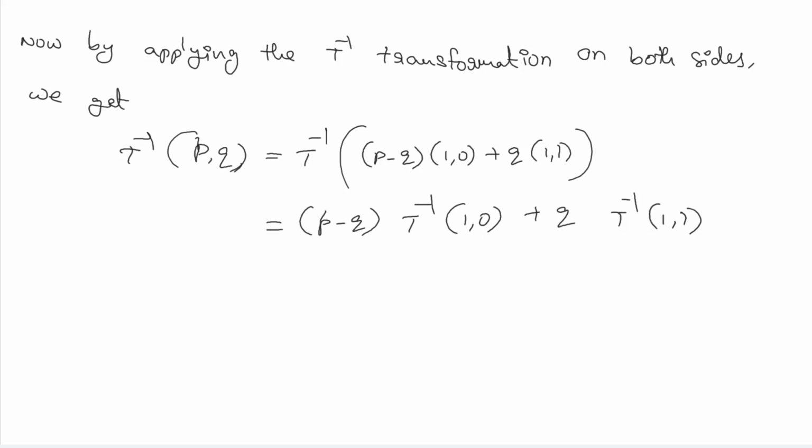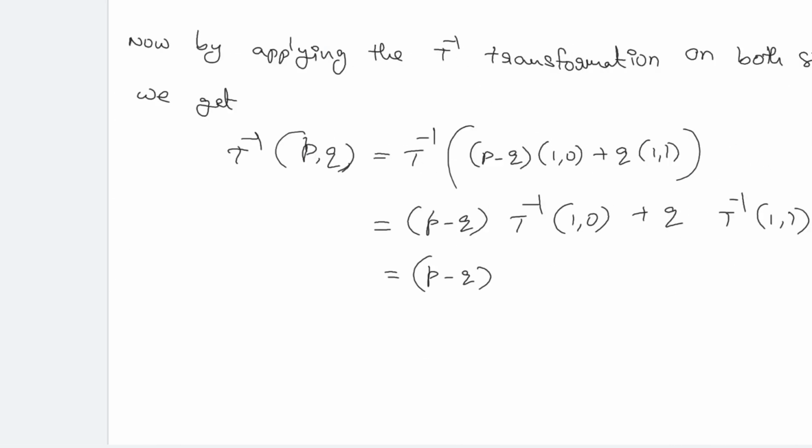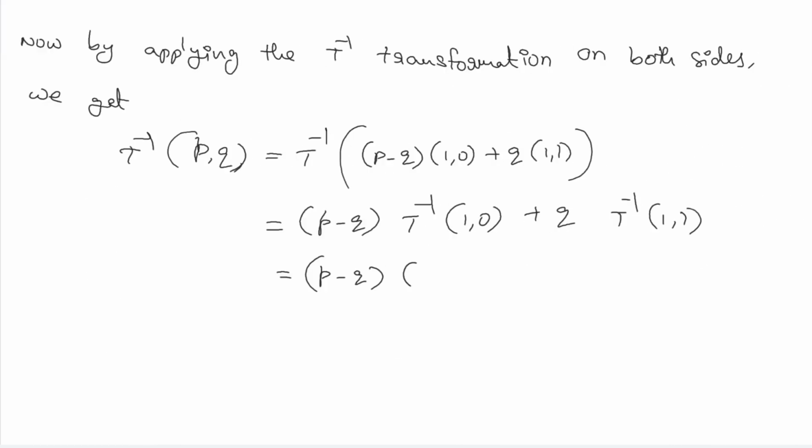But by the given conditions, we already have the values of T inverse of 1 comma 0 and T inverse of 1 comma 1. By substituting those two values, we get P minus Q times 1 comma 2 plus Q times 2 comma 1. Sorry.